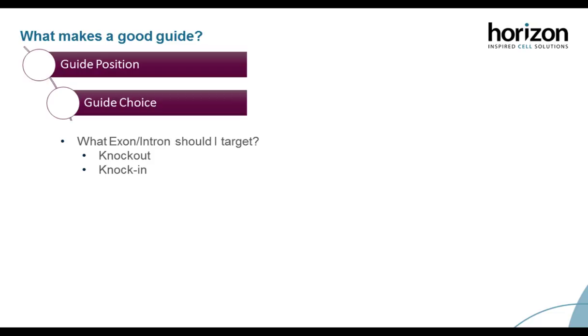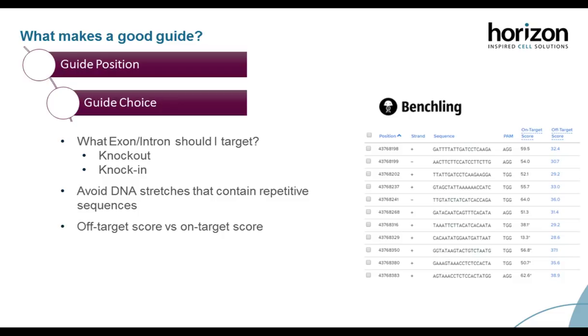One of the other questions you need to consider is what algorithm to use. There are a lot of online tools to design your guide RNAs, and we would really recommend that you use the guide RNA design algorithm that we have generated in-house. It's a really powerful algorithm that takes into consideration all these key considerations, it's constantly being updated, and it's really well maintained.